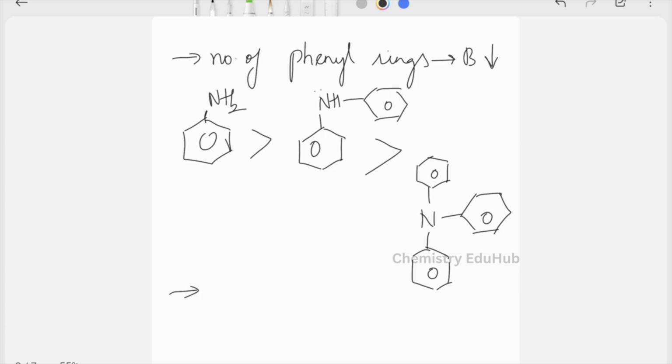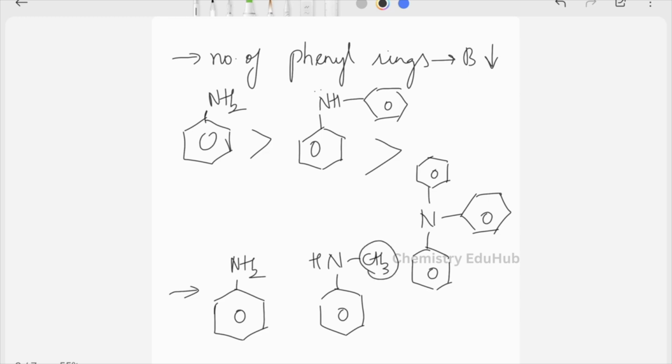Similarly, on the aniline ring, if the alkyl groups are increasing, suppose if this is the aniline, if the hydrogen is replaced with methyl, then because of the plus I effect or increase in the alkyl groups, obviously this will be more basic. These are the few examples. Now what's happening here? Because of the more bulky methyl group being on or around the nitrogen, there's a steric hindrance.